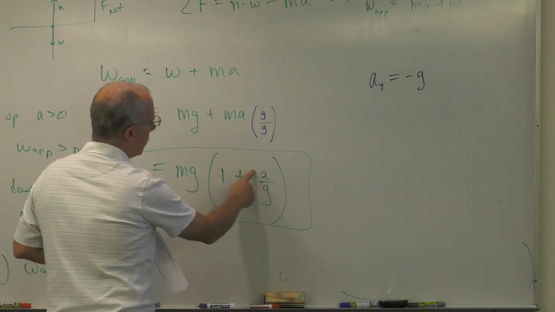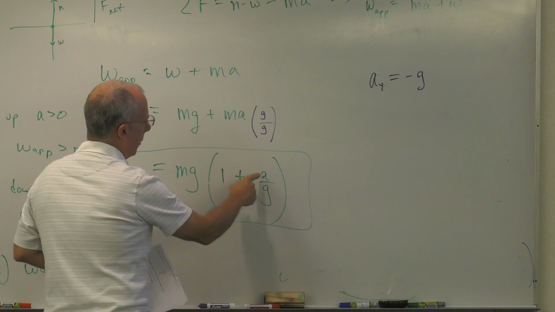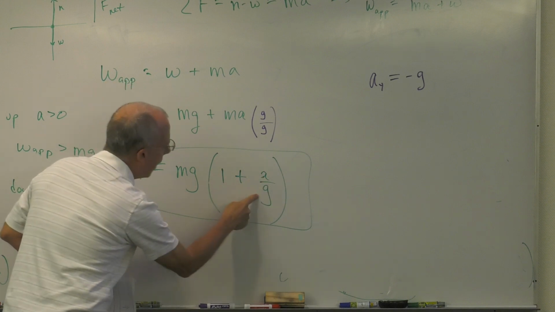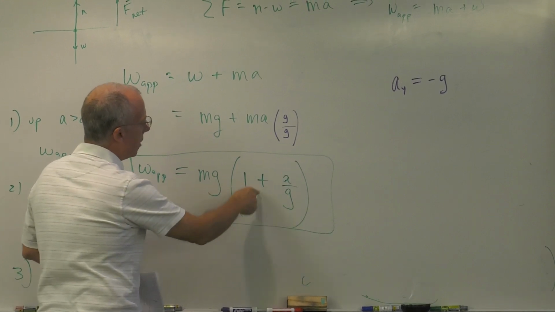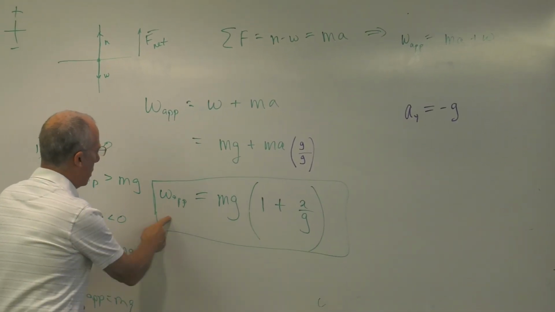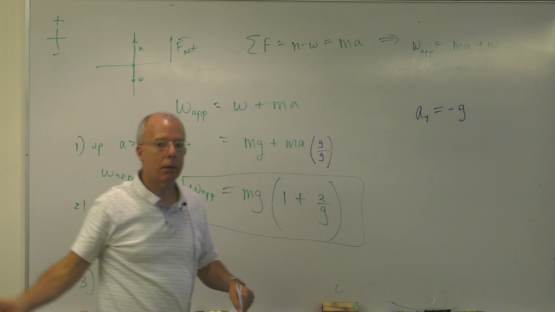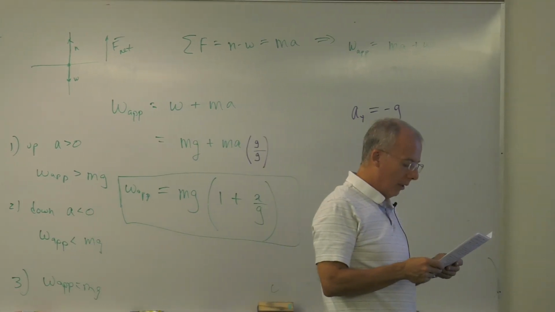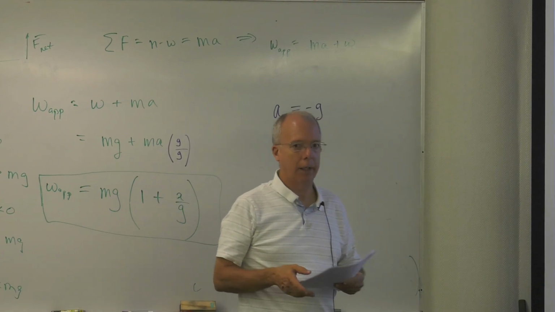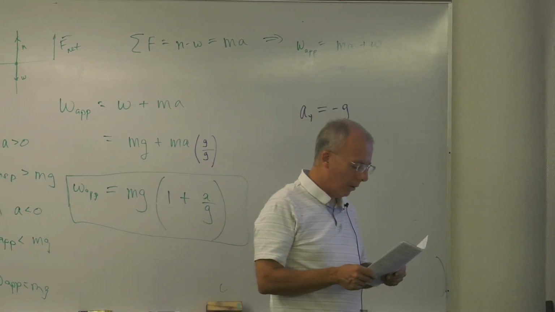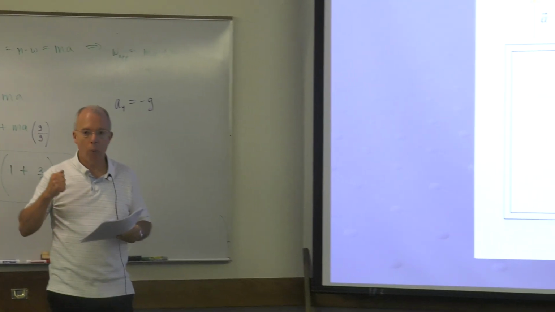If a sub y is minus g, then we have a minus g over a positive g. That's equal to negative 1. 1 plus a negative 1 is 0. So what's your apparent weight? 0. And that's called feeling weightless. When your apparent weight is 0, you feel weightless.